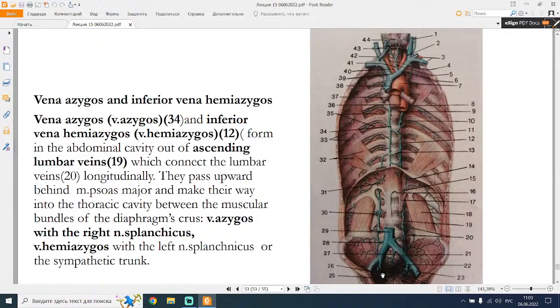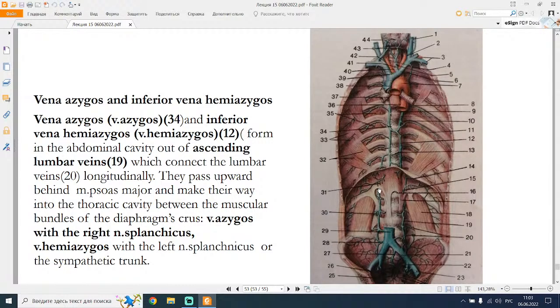Ascending lumbar veins connect the lumbar veins longitudinally.